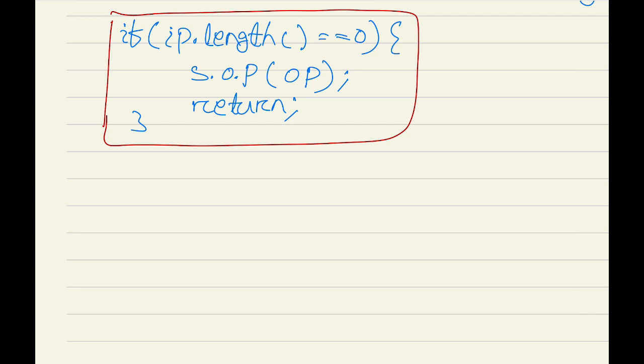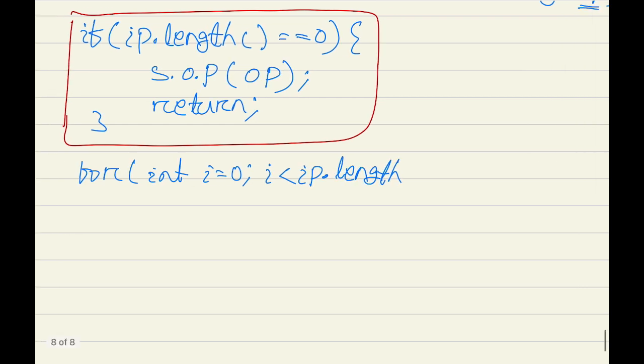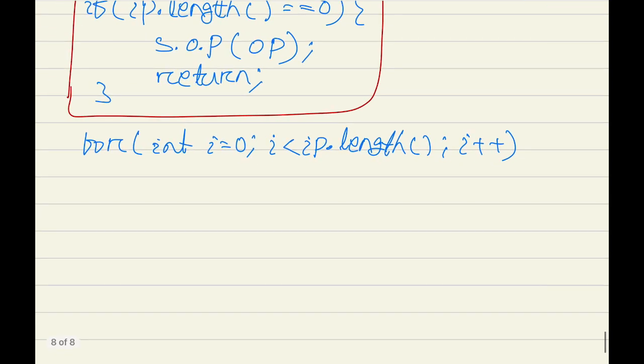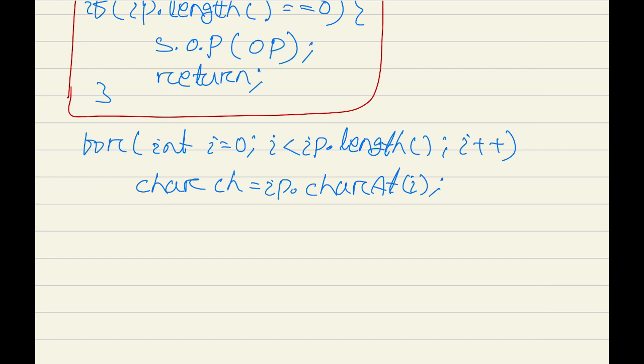So for that we can write for int I equal to 0, I less than ip dot length, then I plus plus. Now char ch equal to ip dot charAt I. So in this way we are selecting one character.